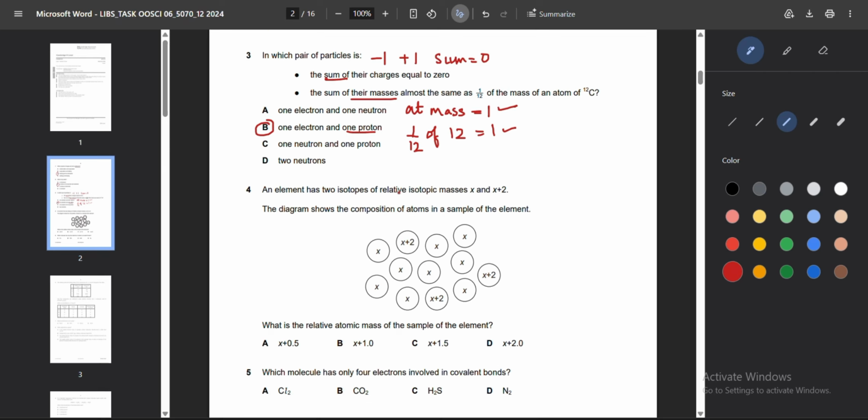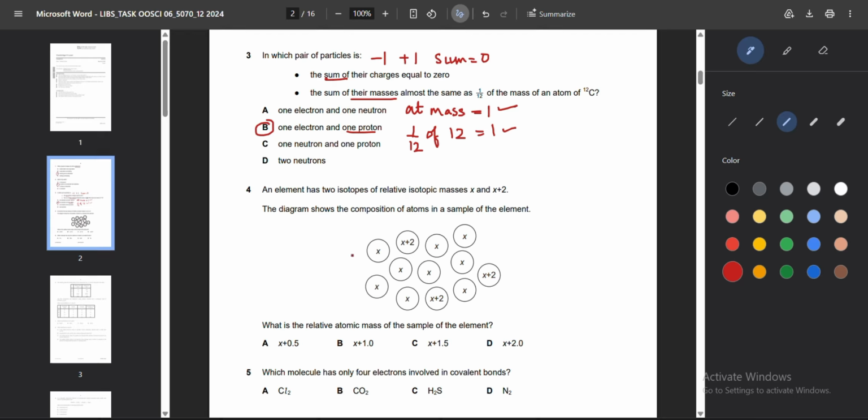An element has two isotopes of relative isotopic masses X and X plus 2. The diagram shows the composition of atoms in a sample of the element.